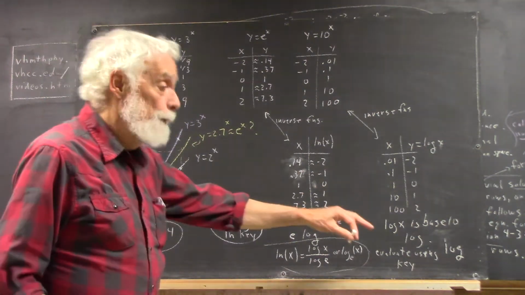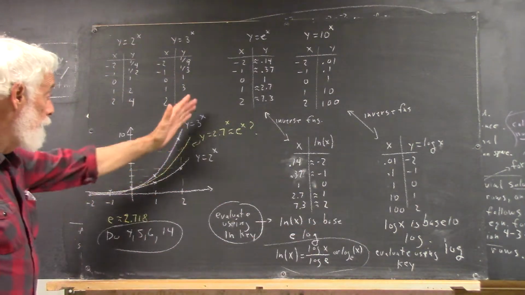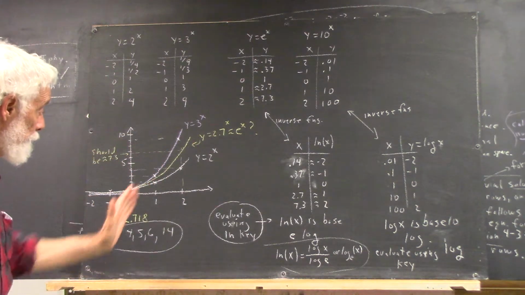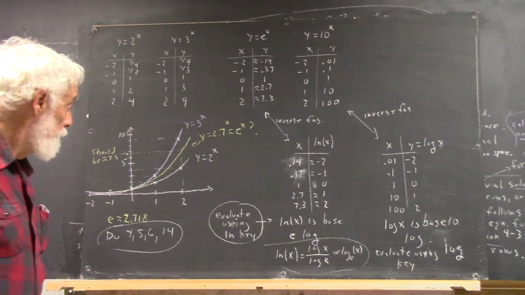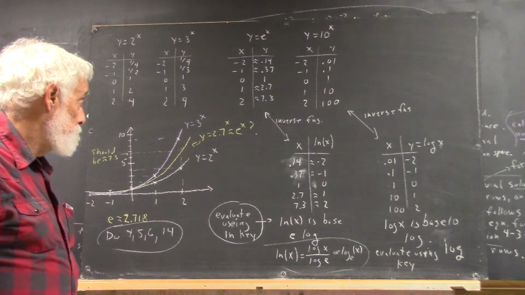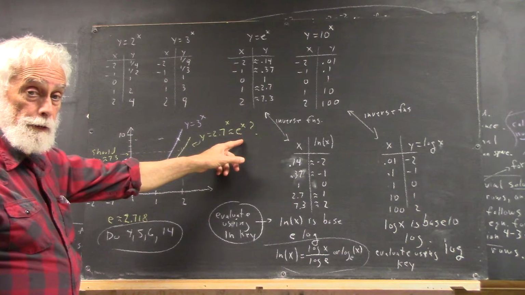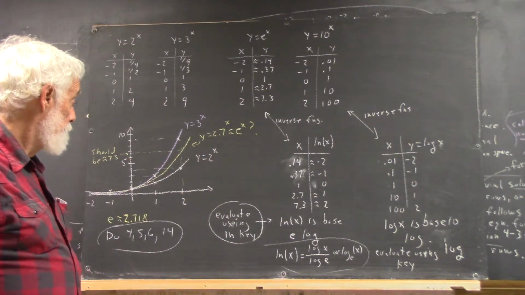Well, that's what your log functions are. This is a graph of your e to the x function. You can invert these two graphs and you get the graphs of the log base 2, log base 3, and natural log functions.